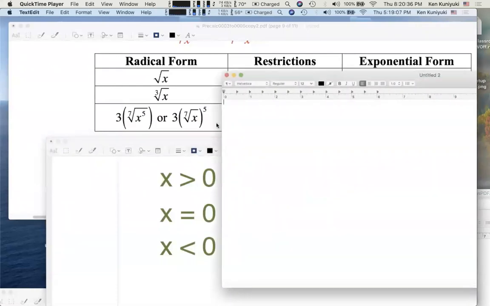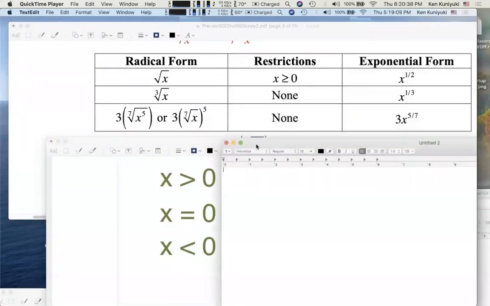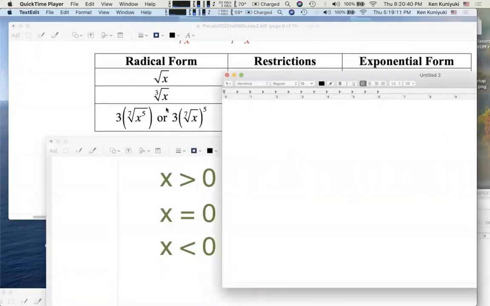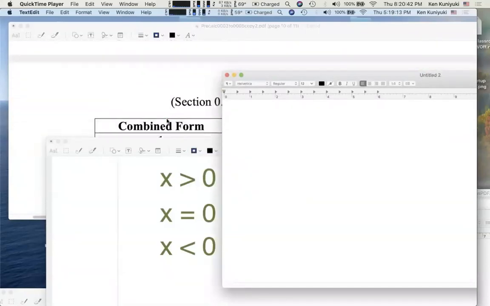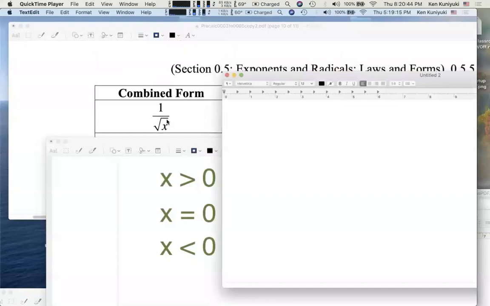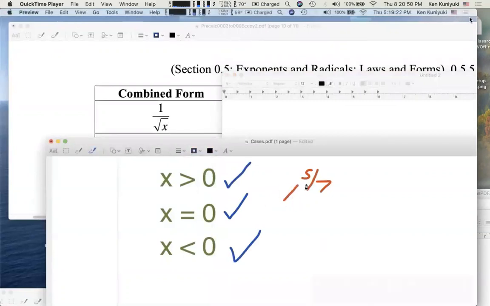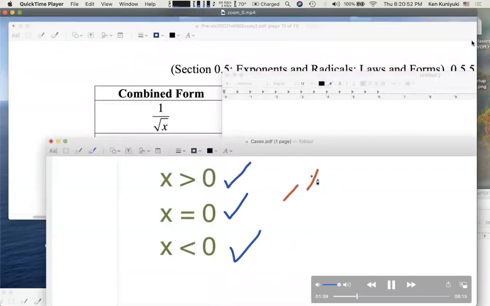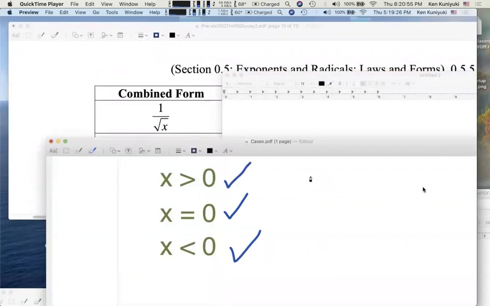Okay, next up, we're going to look at combinations, combined forms. 1 over the square root of x. So that's going to be what? X to what exponent in the end?